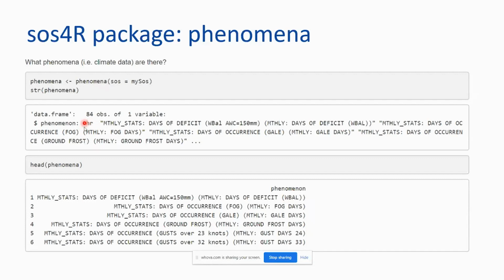They're all characters. We've got all sorts of things to do with winds and gales and frost and the like. Head, okay, let's have a cleaner look at the data. Not worried too much about what the data format is, just want to have a look at the first 6 data items, and head brings out that.